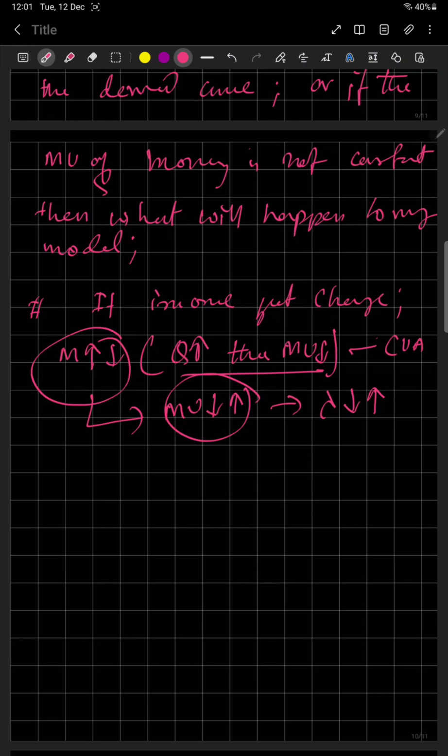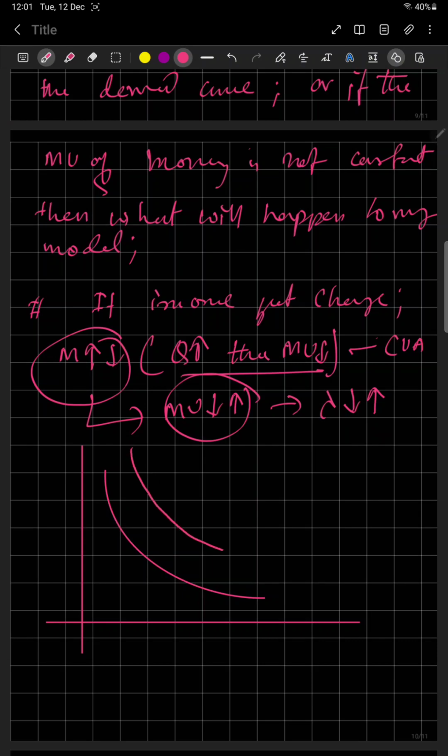So in that case, if you look into my graph, suppose this is my initial demand curve, mu by lambda. Now I will take another color.